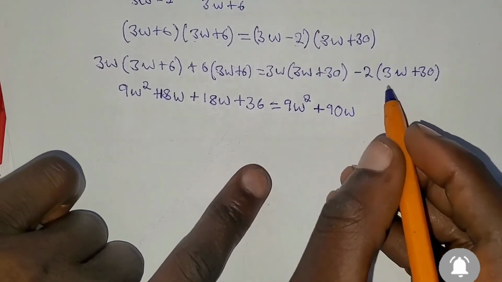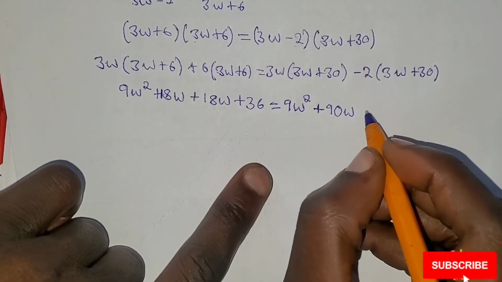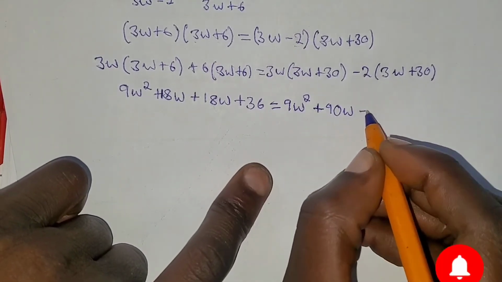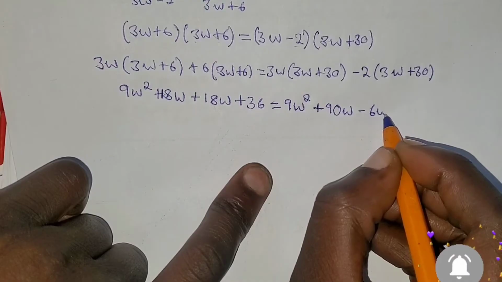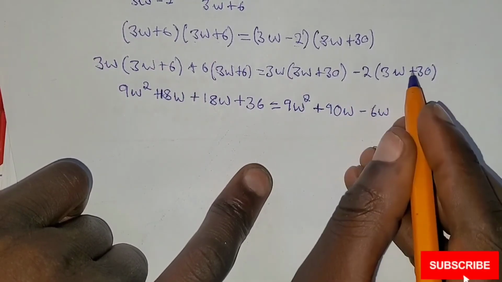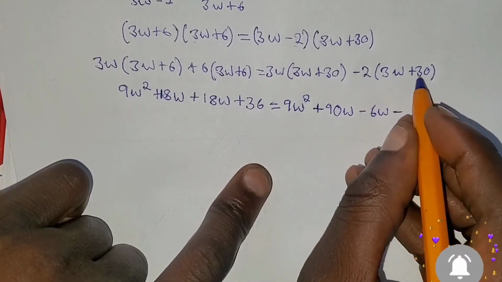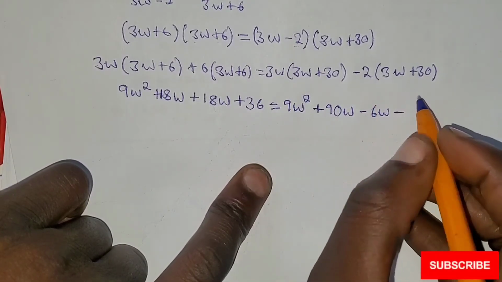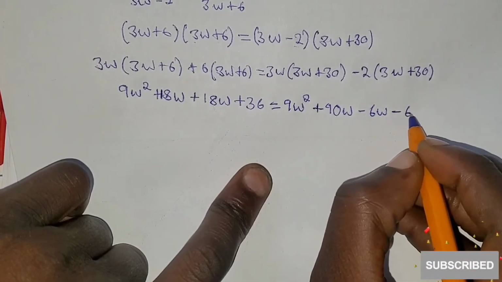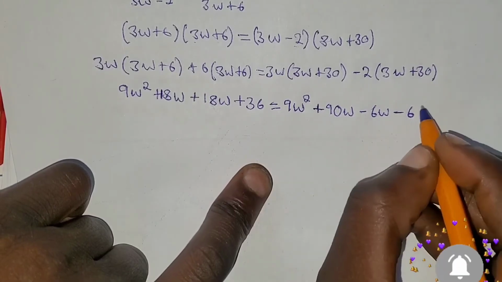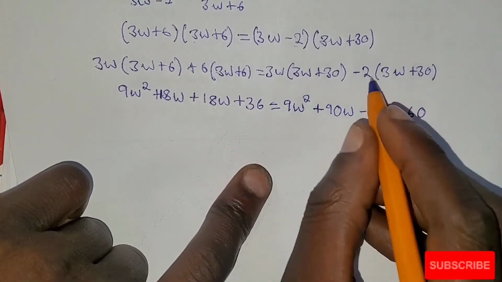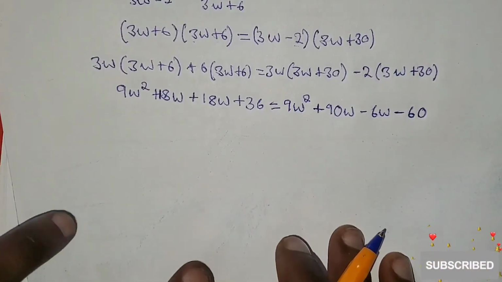Then this side, negative 2 times 3 will be negative 6w. Negative 2 times 30 is negative 60, since there's a 0 it will be just 60.